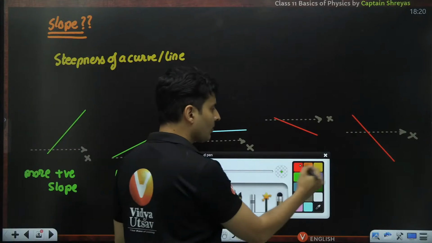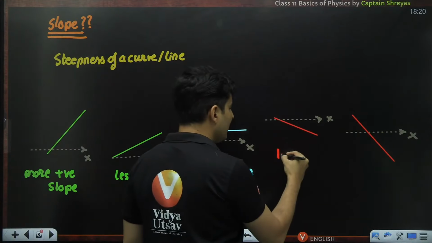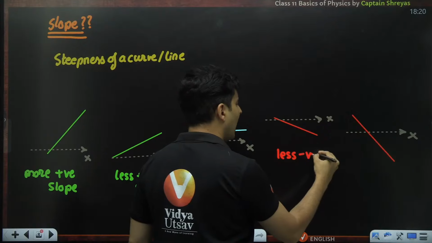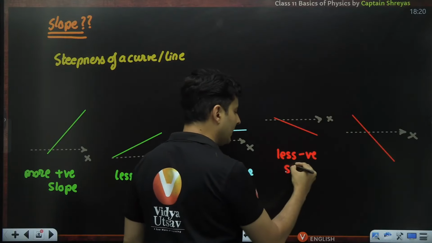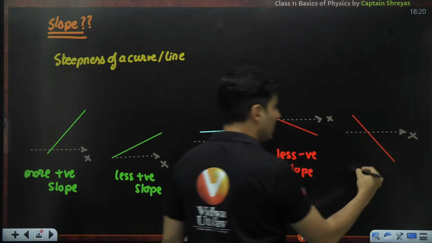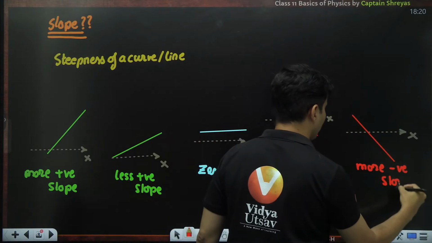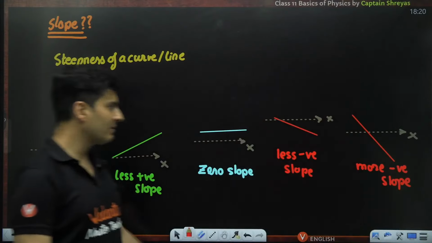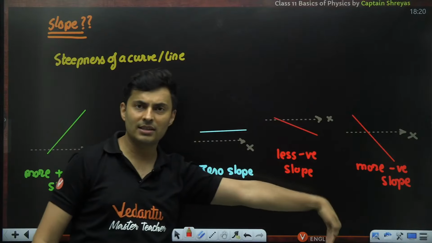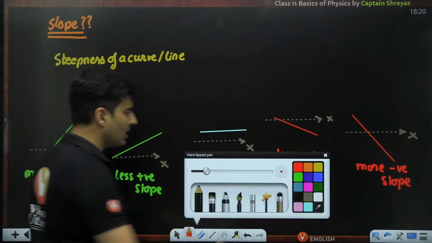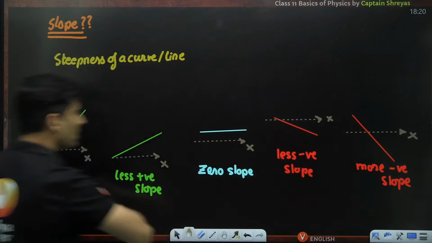This one over here is going down, so definitely it is negative, but it is not as negative as this one. So, less negative slope. But this one is more negative slope because it is going down really fast. Always imagine some object going across this.